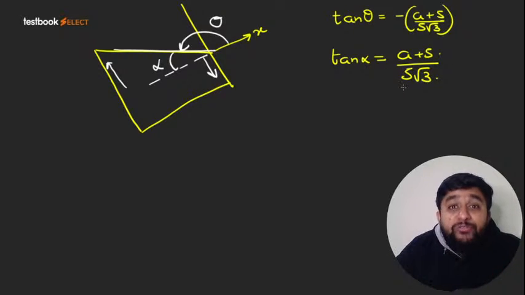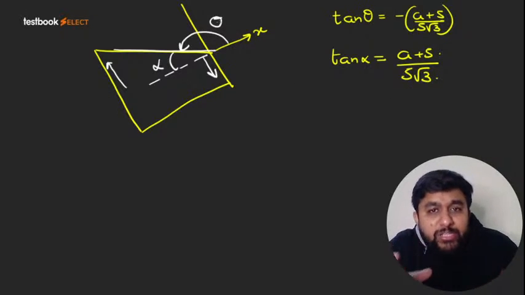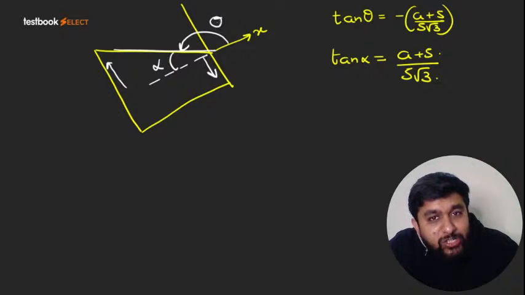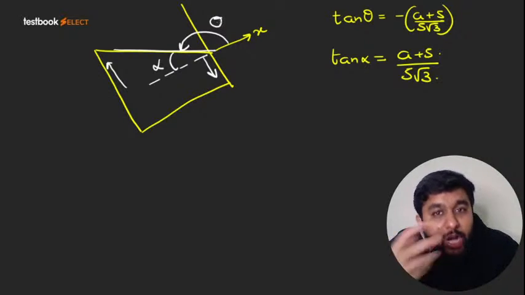See, this is the final shape of water when the water is about to spill out. So basically this final shape of water is constant and water is just about to spill out. If the acceleration is constant, the shape will remain like this and water will not spill out.